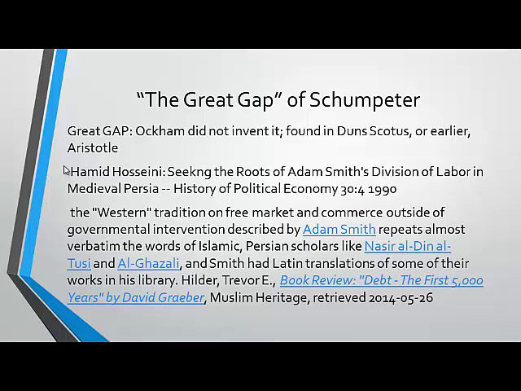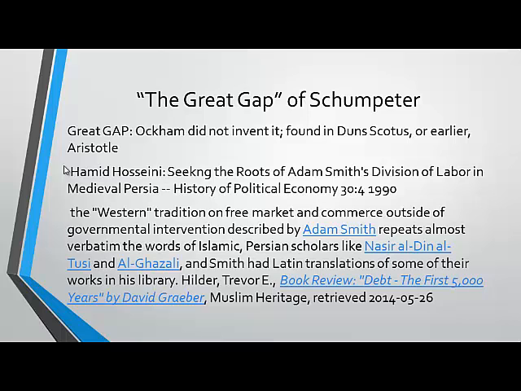So it turns out that there is a huge amount of Islamic writings, of course, and lots of people have written about Islamic economic thought. Now it turns out that the Western tradition on free market and commerce described by Adam Smith repeats almost verbatim, that is, this is plagiarism, the works of Islamic Persian scholars like Nasiruddin at-Tusi, al-Ghazali, and Smith had Latin translations of these books in his library.